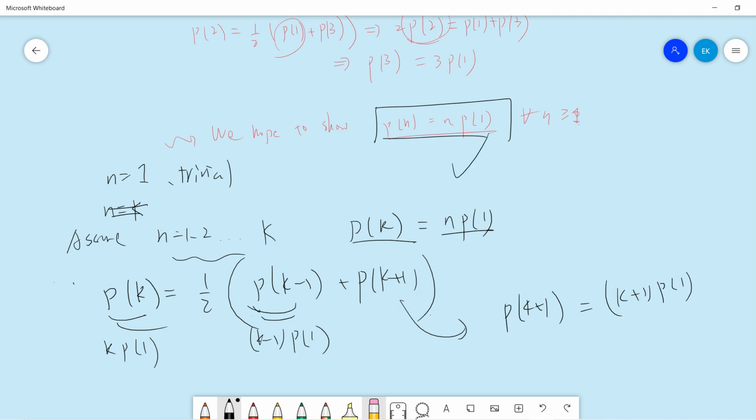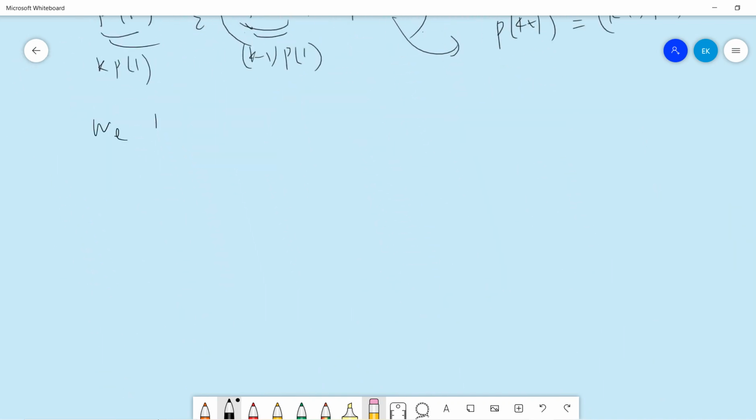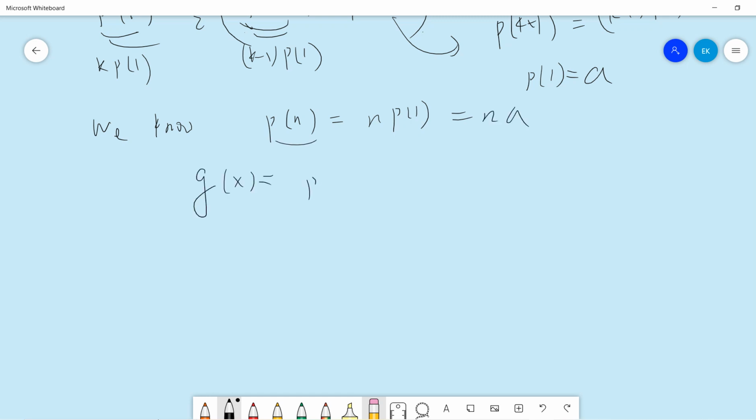So now everything is done, right? Let's write down the final proof. We know P of n is n P of 1, right? So let's define P of 1 to be some number, let's say a. So we get P of n is na, right? So I can define a polynomial g of x to be P of x minus ax.